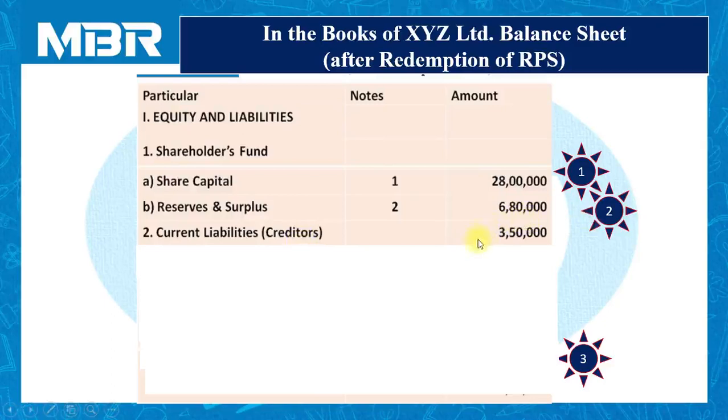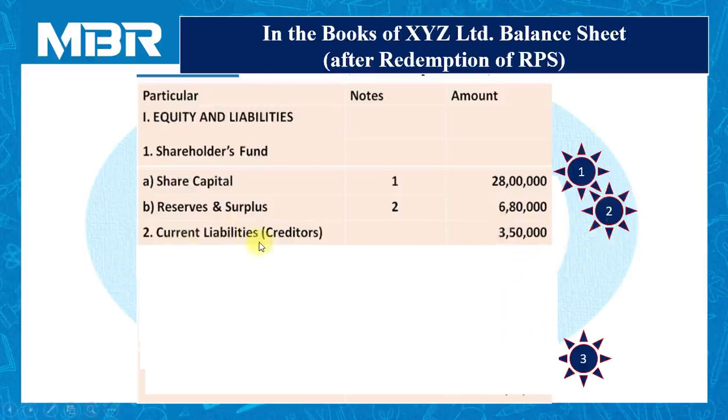There is no need of any kind of adjustment related to creditors because simple information is given: creditors 3,50,000, and no adjustments are given for creditors anywhere in our calculation. So the balance of 3,50,000 remained unchanged.